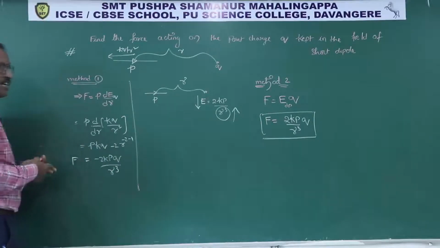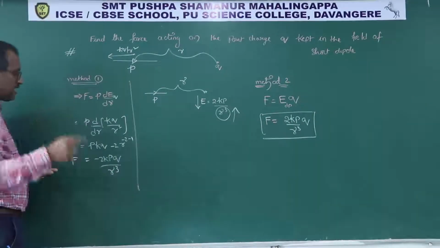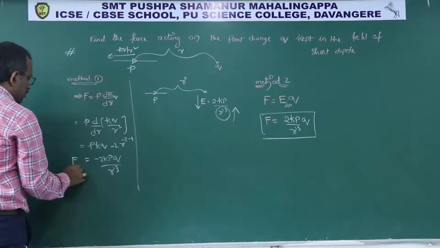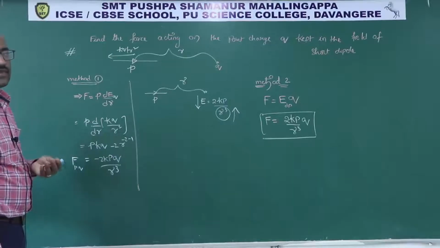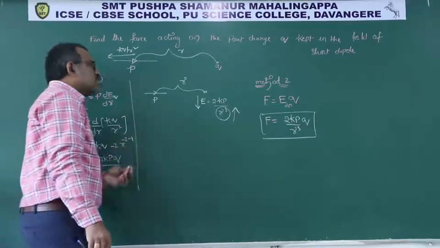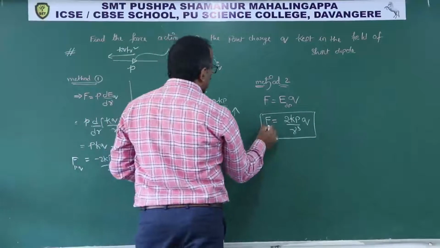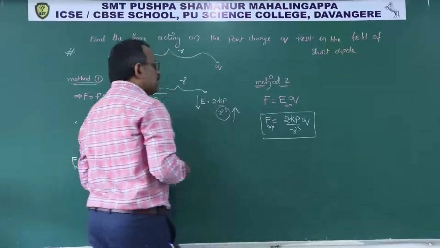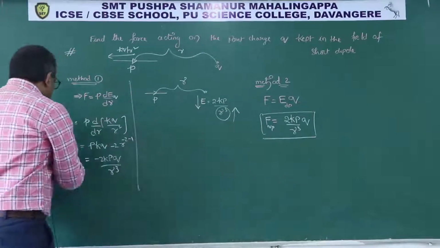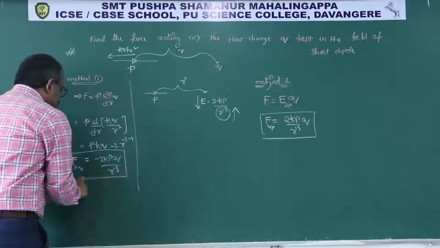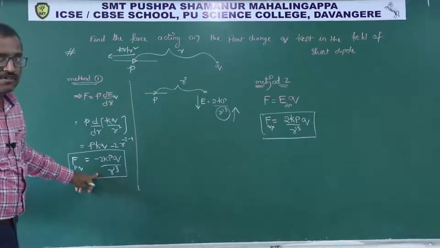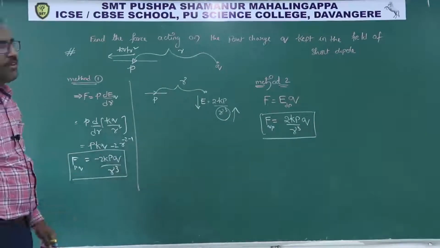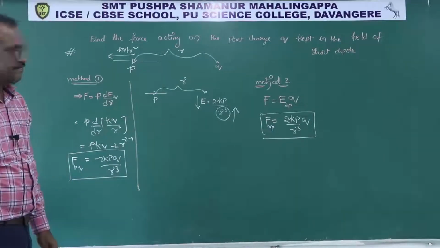This is force acting on dipole by point charge. Clear? And this is force acting on point charge by dipole. It is crystal clear. If you see these two, both are equal in magnitude, opposite in direction. No more question.